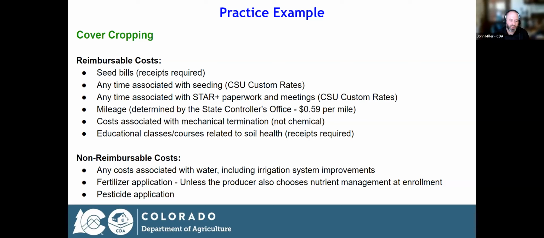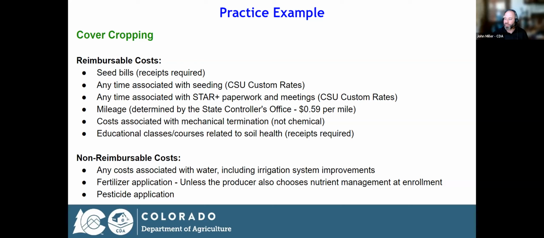And then things to remember as non-reimbursable costs: any costs associated with water, including irrigation systems improvements, water leases, or water purchases, are non-reimbursable costs. Their fertilizer application. So if they had to apply fertilizer with their cover crop, which sometimes people do, it's not that common, but sometimes it happens. Unless they chose nutrient management up front as a secondary or another practice, then they cannot submit fertilizer costs.